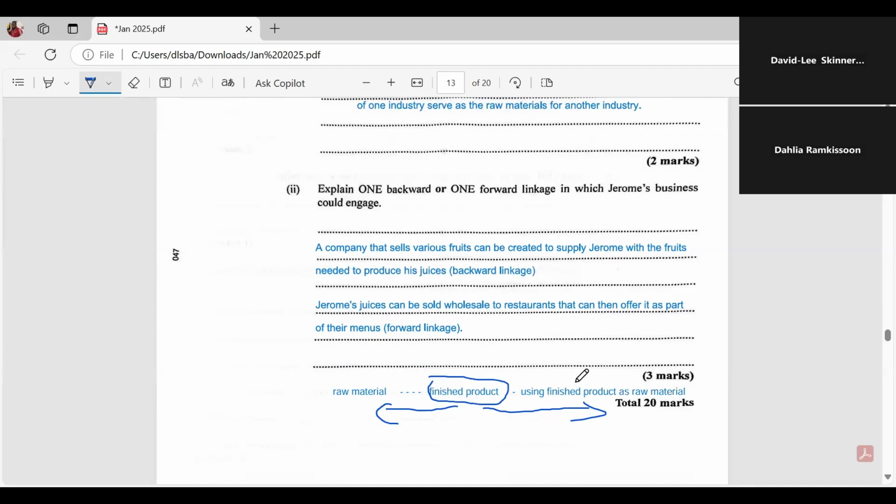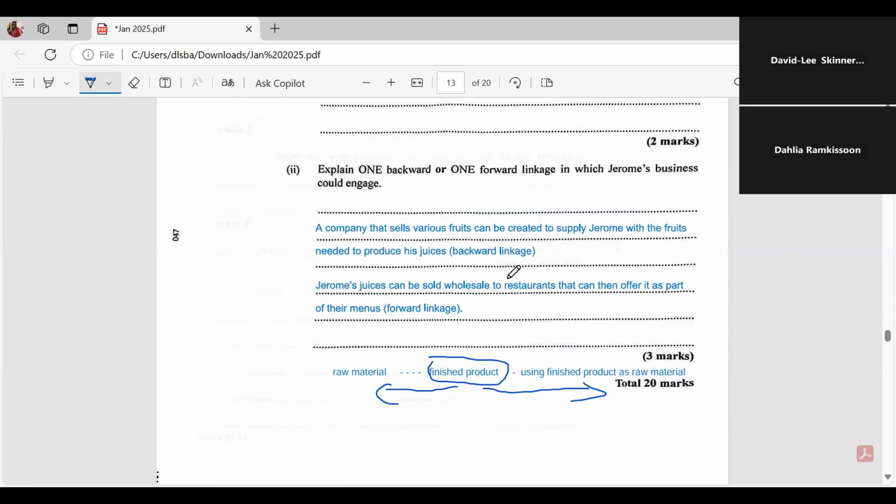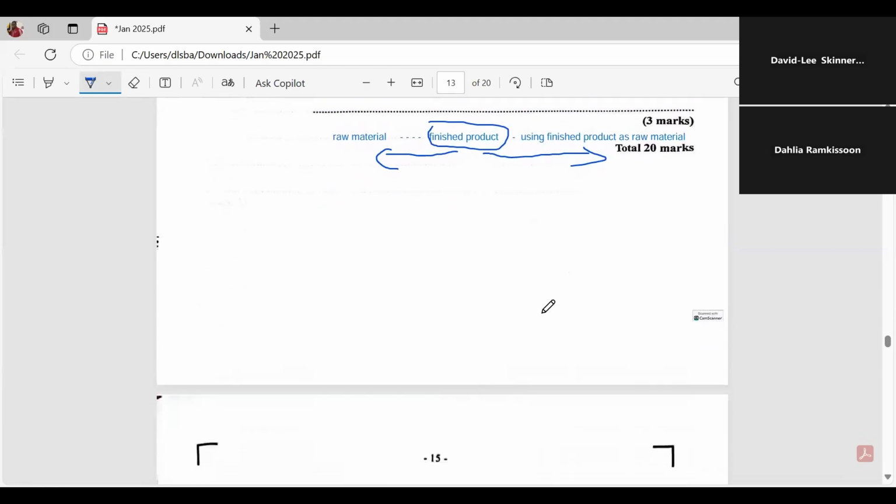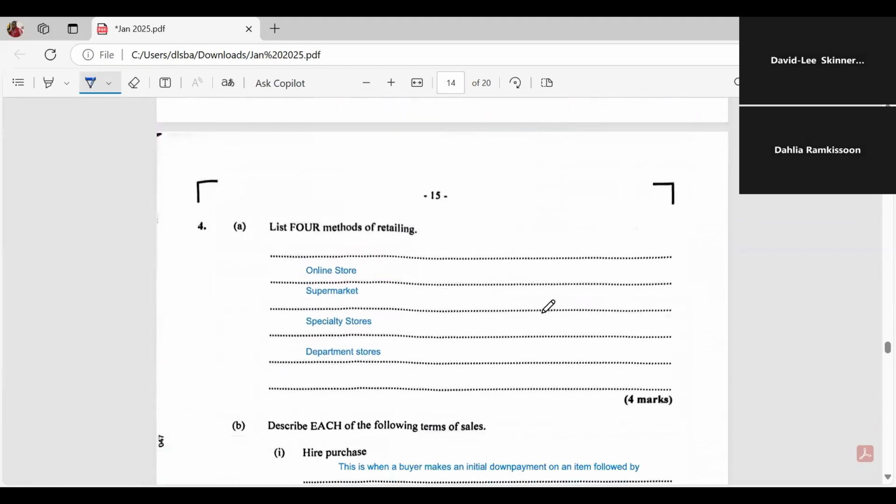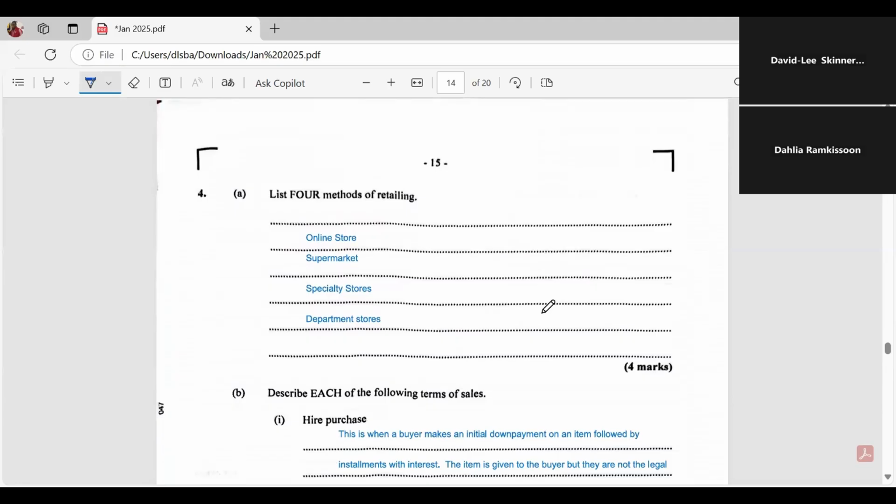If the company that's created is using a finished product as a raw material, then it's forward linkage. You understand? So the restaurant could be using the juices to make cocktails and stuff like that. That would be forward linkage. So that is 3 so far.